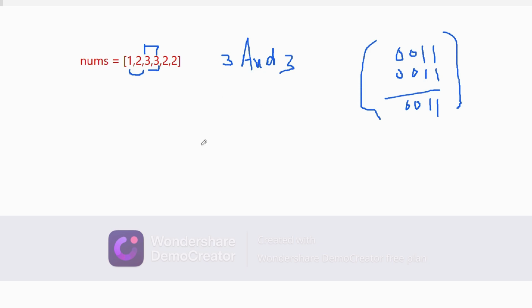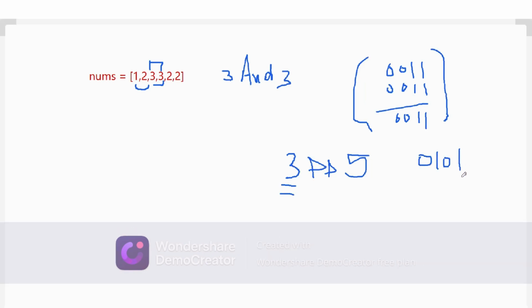See, you guys know that whenever we do the bitwise AND with any two numbers, it always produces the smaller number, right? Let's say we do the bitwise AND of 3 and 5. What would be the answer? 5 is 0 1 0 1 and 3 is 0 0 1 1, right?